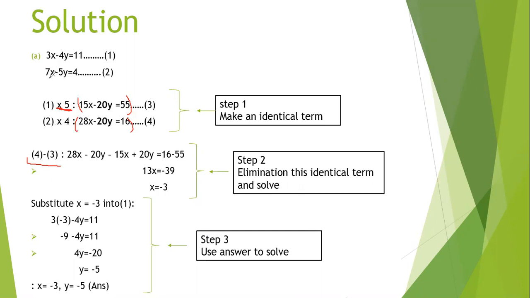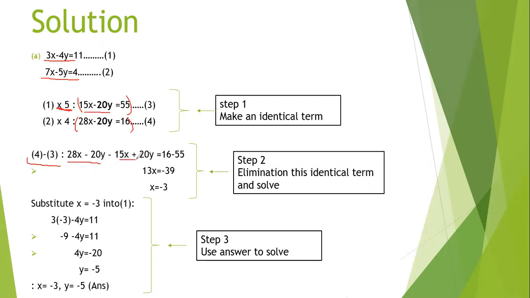When we multiply equation 2 by 4, it will be 28x minus 20y equals 56. And when equation 1 is multiplied by 5, we get 15x minus 20y, and 11 times 5 gives 55. So look, this is equation 1 minus equation 2.